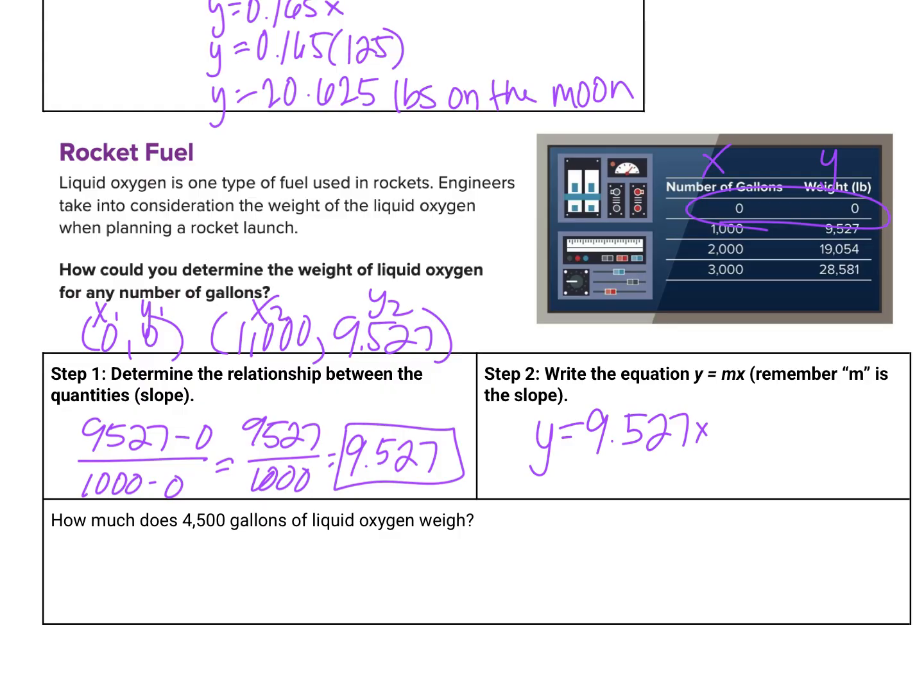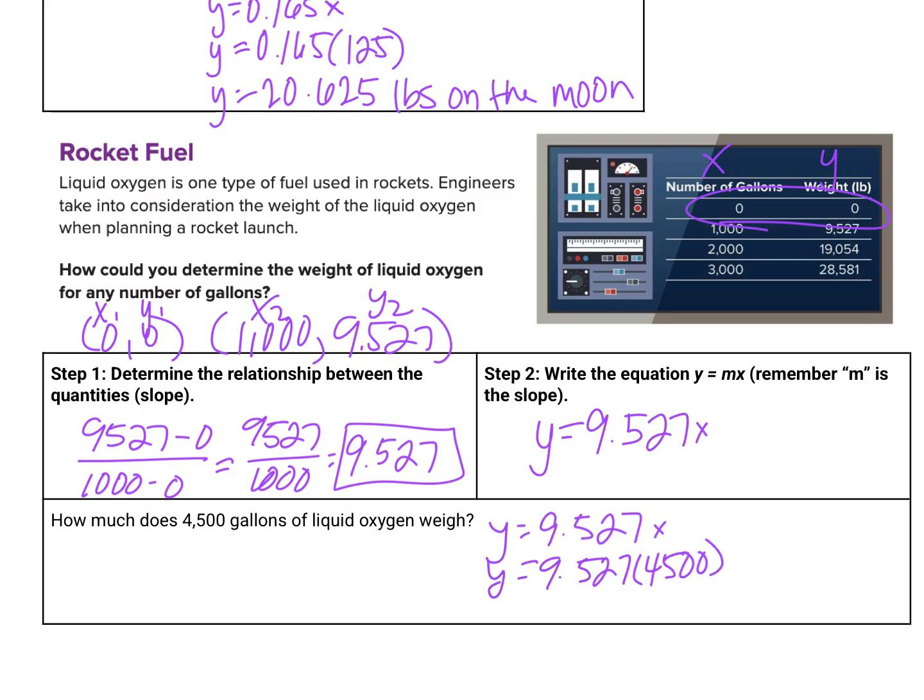Our last step here is to take a look at this bottom question. It says, how much does 4,500 gallons of liquid oxygen weigh? When we look at our equation, y is the weight in pounds, x is the number of gallons of that liquid oxygen. So we're going to rewrite our equation right here, just like we have up above. And then we're going to replace x with that 4,500.